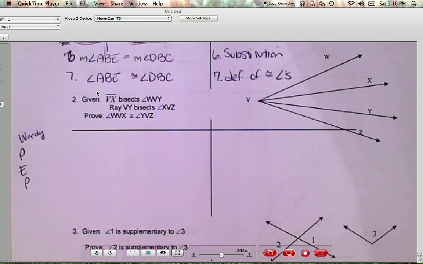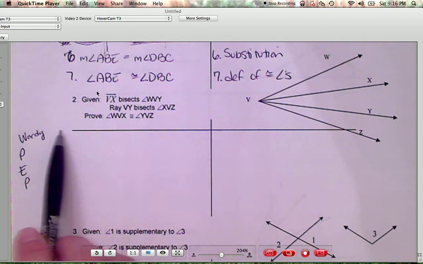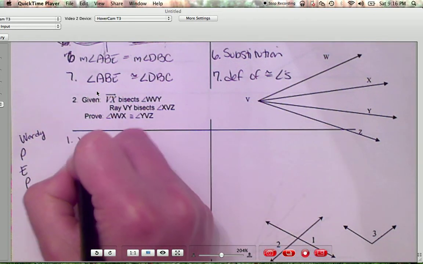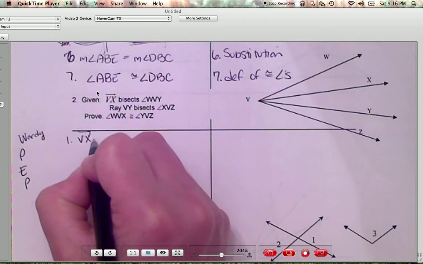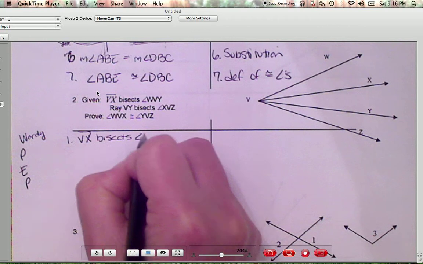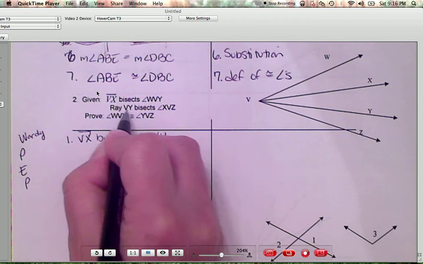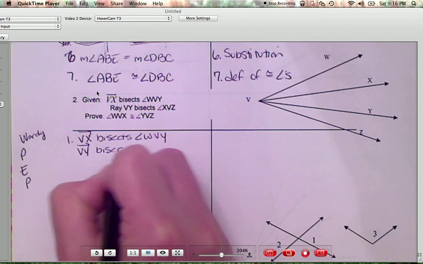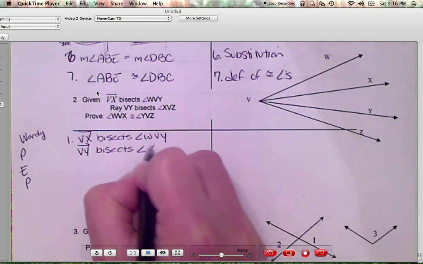The first thing you want to do is undo any wordy statements. So if you look at number 2, we have a wordy statement here, which we want to undo. Ray VX bisects angle WVY. We're going to go ahead and put the other one, ray VY bisects angle XVZ.